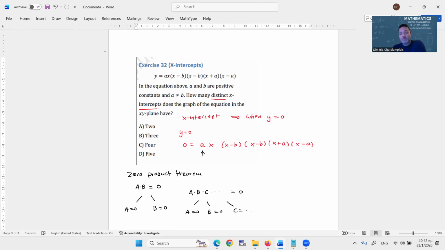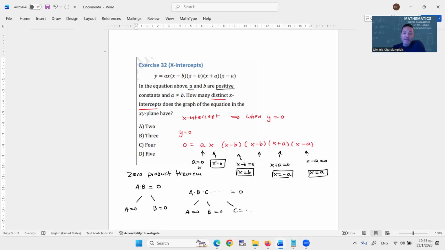It's a, so either a is 0, which however cannot happen because we were told that a is positive, or x is 0, that could happen, or x minus b is 0, which leads to x being equal to b, or x minus b equals 0 again, which leads to the same value, or x plus a equals 0, which leads to x being equal to negative a, or x minus a is 0, which leads to x being equal to a this time.